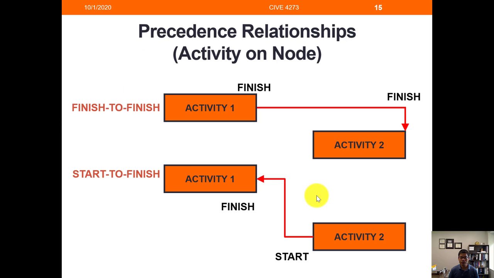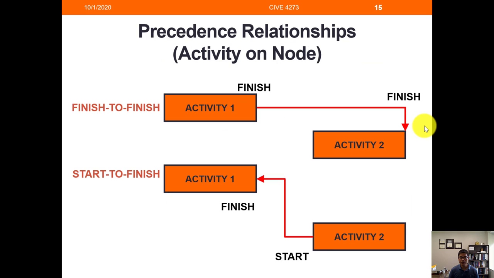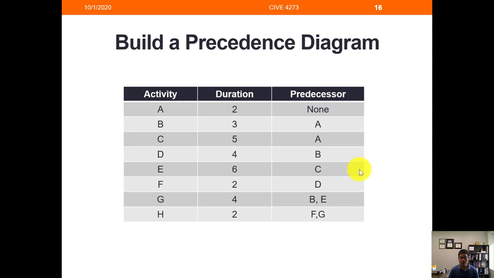So for example, in this finish to start relationship, we know activity 2's predecessor is activity 1. Automatically, activity 2 becomes the successor of activity 1. So in this case, this information is sufficient. And also, you can list the successors once you build the diagram. You know exactly the successors of each activity.